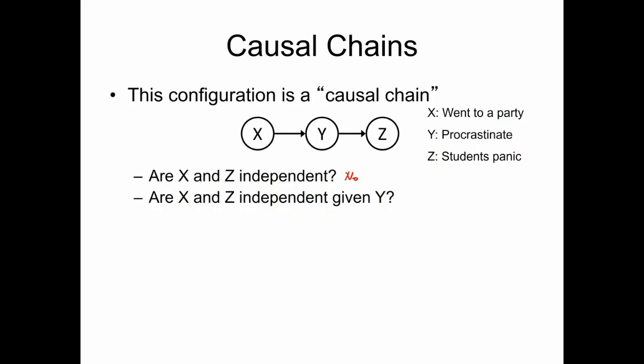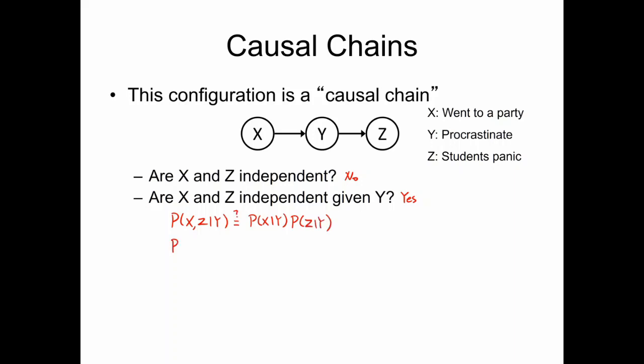Then are x and z independent given y? The answer is yes. Once you know whether the student procrastinated or not, going to a party and panicking are independent. And this can easily be shown through some simple probability. We want to show that the probability of x and z given y is the same as the probability of x given y times the probability of z given y.